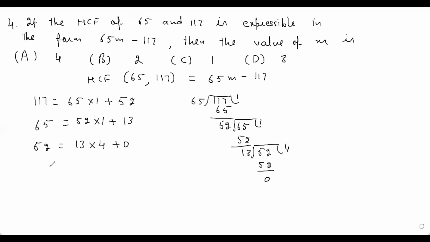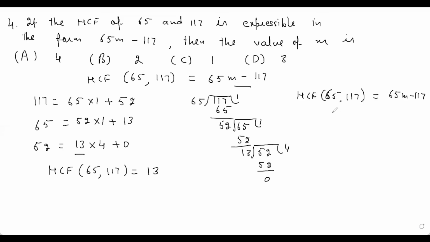Now it means HCF of 65 and 117 is equal to 13. It means HCF of these two numbers is 13. I'm going to write this line again. So this is equal to 13. We have just calculated it here. So HCF of 65 and 117 is 13.